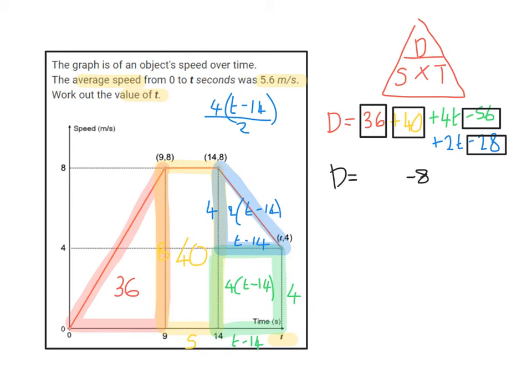I'm going to leave a gap just in case the first bit's positive. Then I need to do the same, collect my t's. So I've got plus 4t and plus 2t, which is going to be 6t. So altogether my distance is 6t minus 8. Okay, I've got the distance now.